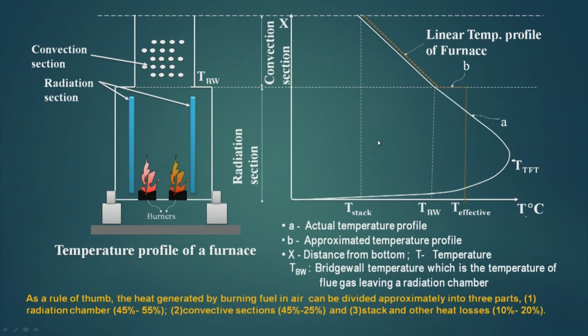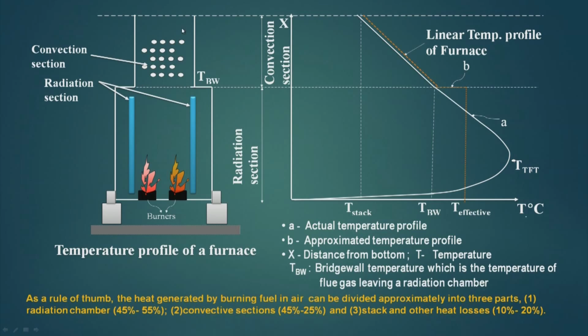As a rule of thumb, the heat generated by burning fuel in air can be divided approximately into 3 parts. Part 1 is the radiation chamber, where the heat handled is about 45% to 55%. The second part is the convective section, where the heat handled is about 45 to 25%, and the third section, when it goes out, is the stack section, where the stack and other heat losses take place, and this is about 10 to 20%.